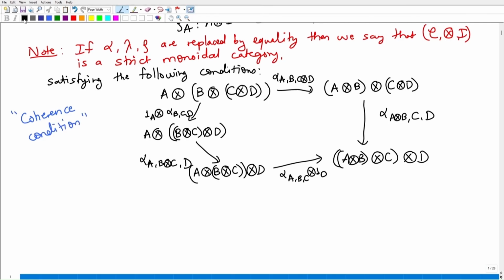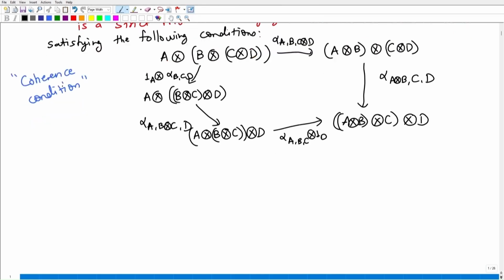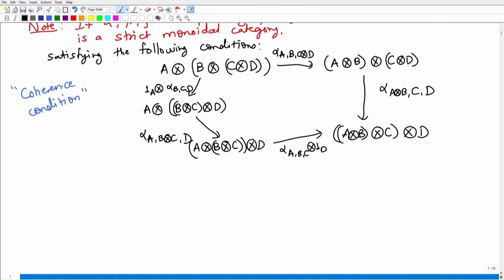There will be one more, something for identity. Can you tell me what the identity should do, what the coherence conditions for identities are? We are just going to draw many diagrams today, many big diagrams, but they are all obvious.